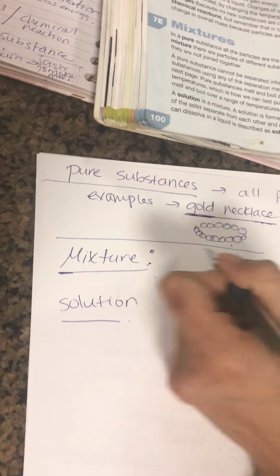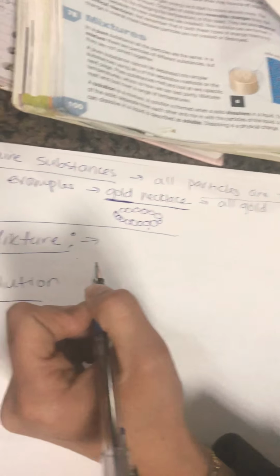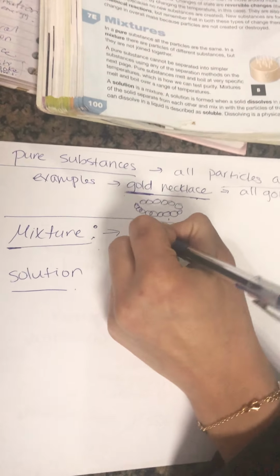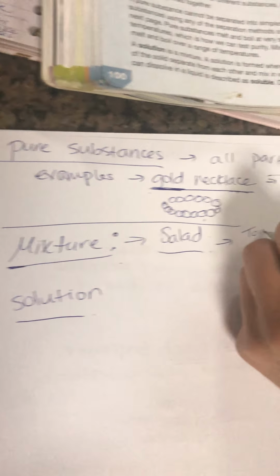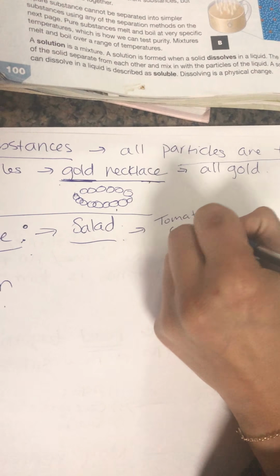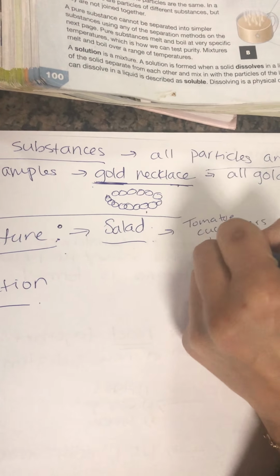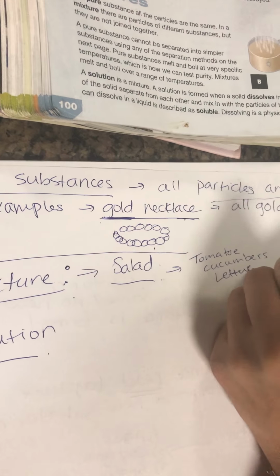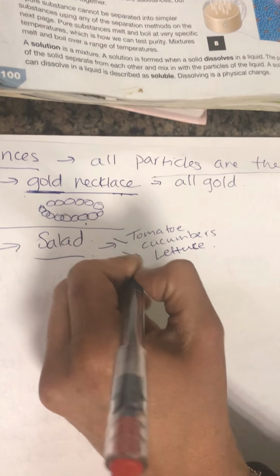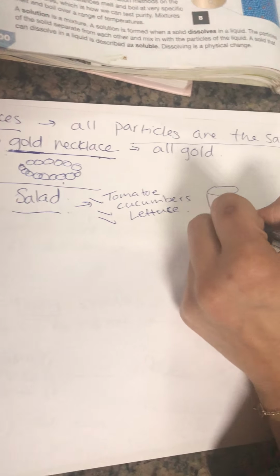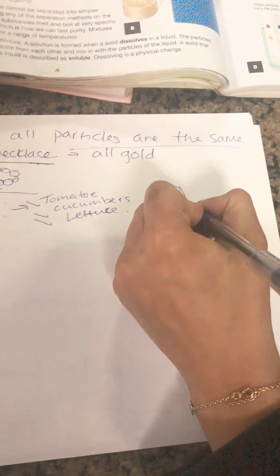But before the solution, I want to give you an example about a regular mixture. If I want to make a salad, salad has vegetables in it, for example, tomatoes, cucumbers, lettuce, etc. If I cut the tomatoes and I cut the cucumbers and I cut the lettuce, I will have a bowl of salad.